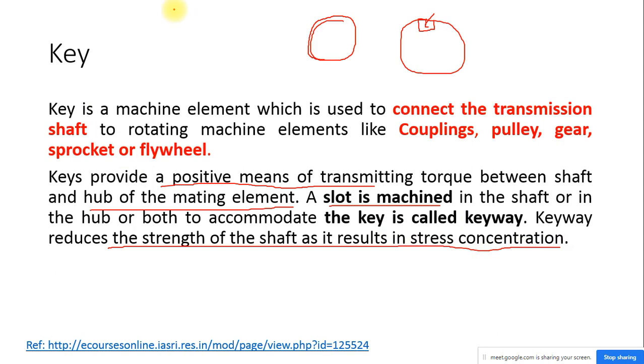Imagine that if I have a full solid object, there is no problem. Basically, we know about the air cooling system in our engine. We use fins, and when fins are used, the weight is partially reduced. But there is an issue there. If I try to cut it and reduce the weight, the stress concentration will increase. Because stress concentration increases, whenever there is a sudden impact, that place will break. So that is the biggest issue whenever I have any cut cross section in my element. This issue will definitely come in the shaft.